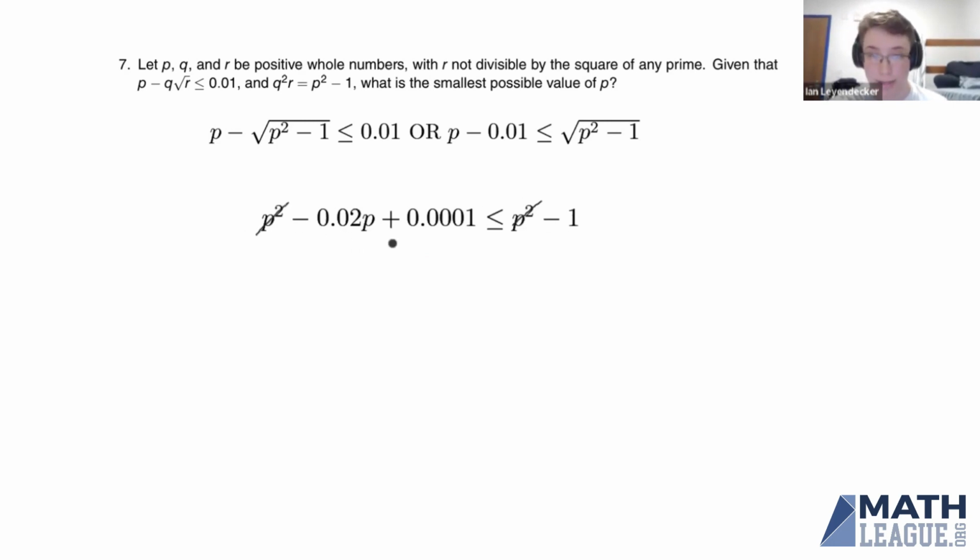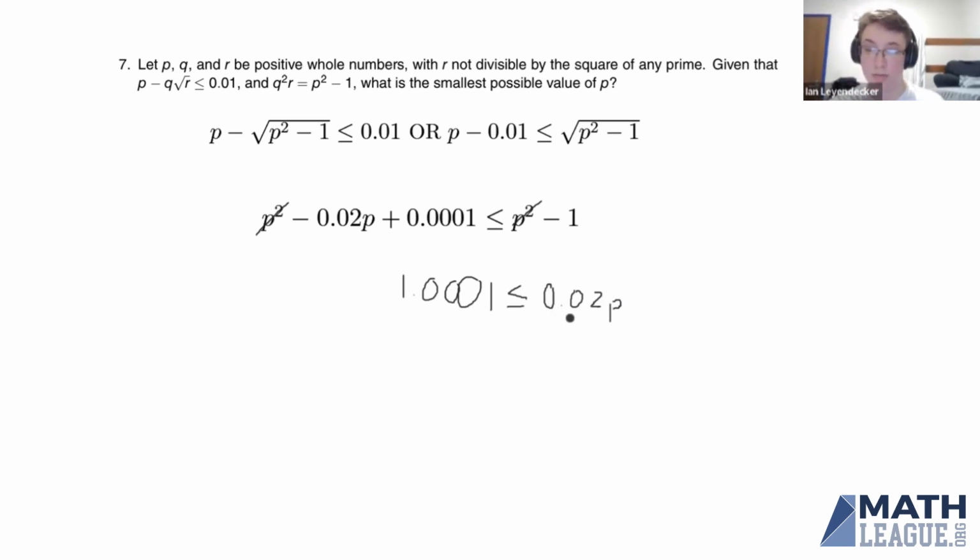And then we can rearrange so that the P term is positive, and we can get it alone on the right side of this equation, making the left side 1.0001 is less than or equal to 0.02P.